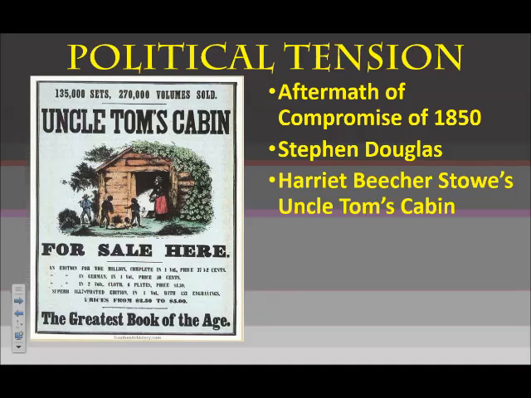Her son had died, and she realized that what she was experiencing, and her husband dying from sickness, was probably only a little of what some of these slave women experienced when their children were torn from them and sold to other people. So she writes this fictionalized account of a group of slaves. All of them are connected to this central character of Uncle Tom.